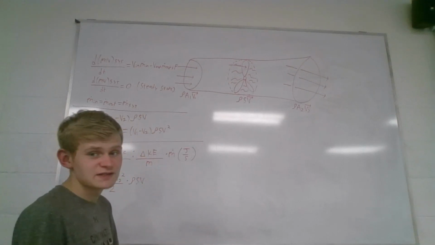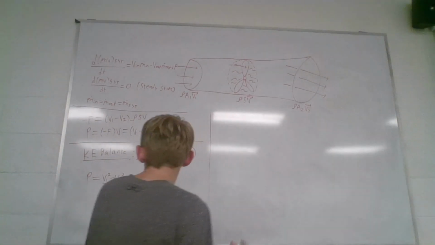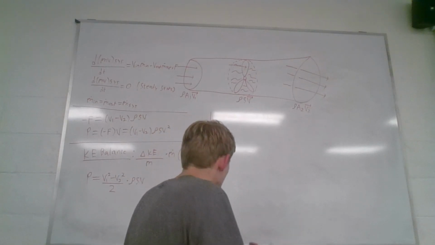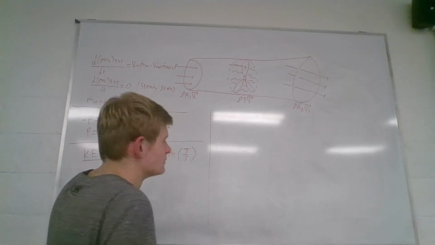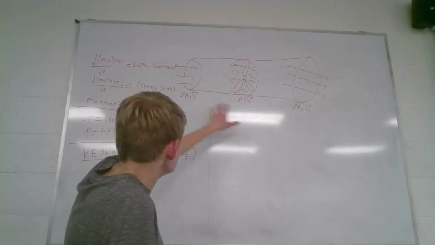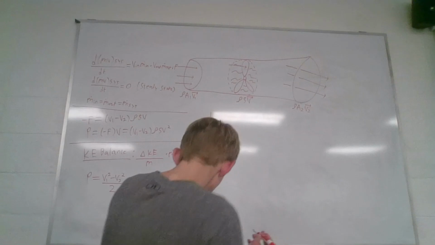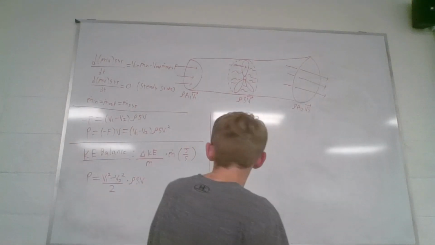What we want to do now is set them equal to each other. This is going to help us relate these two power equations in order to find a relationship between these three velocity values. So let's set both of these power equations equal to each other.